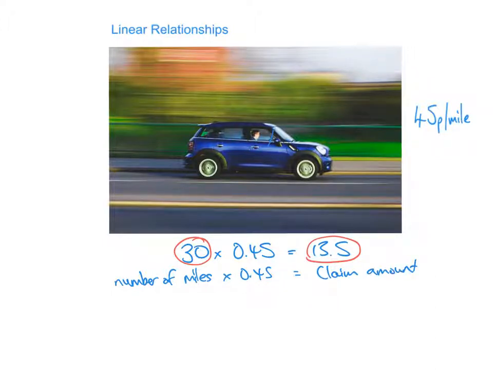So you can write that even more symbolically or condensed. So that's number of miles times the cost per mile comes out to the claim amount. So what we've got here is our two variables. If we change the number of miles that we travel, then that's going to change the amount that we can claim back. So number of miles and the claim amount are variables.